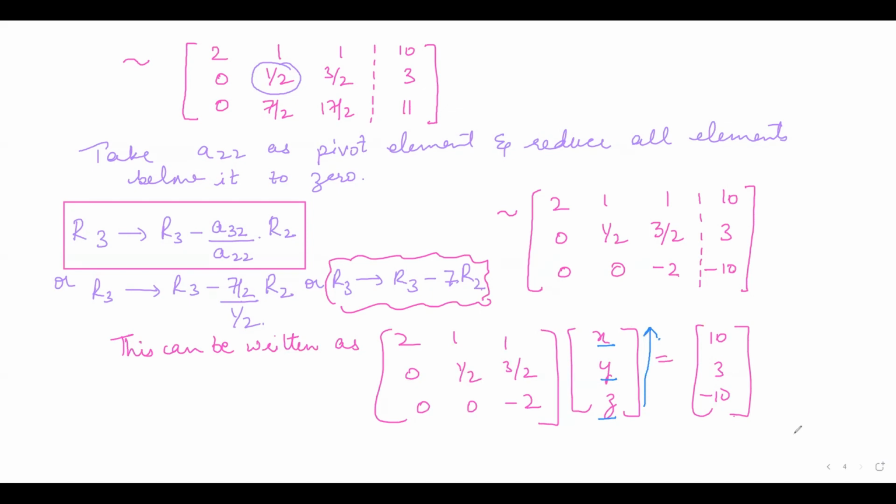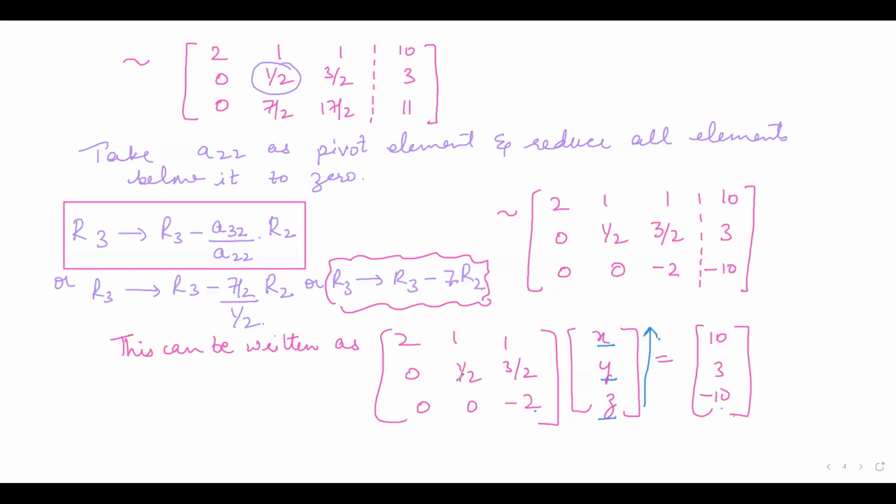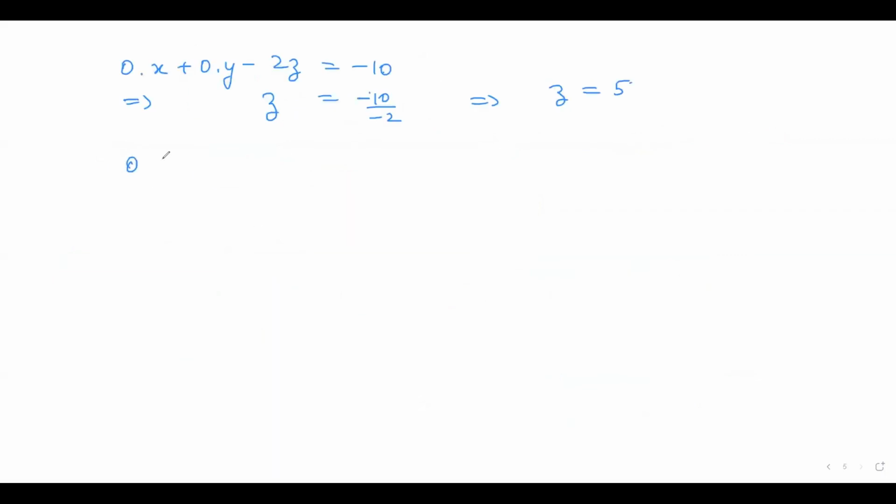So what equations would you be getting here? Minus 2z is equal to minus 10. So you first calculate the value of z. You can also write it as 0x plus 0y minus 2z is equal to minus 10. So here you get z as minus 10 upon minus 2, so z is equal to 5. Then 0x plus half y plus 3 by 2 z equal to 3.